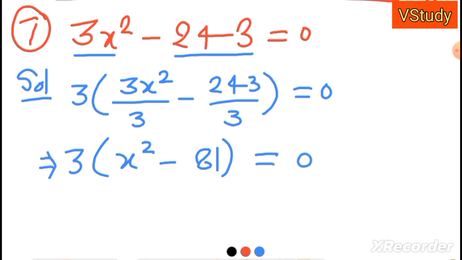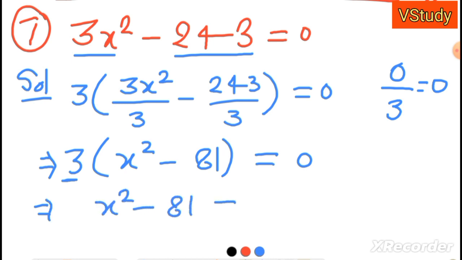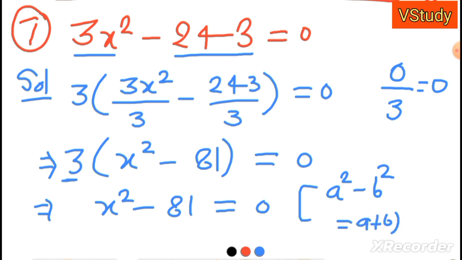Now when this 3 comes to the right hand side, it can be written like this, and the value of this is equal to 0. We know that if we divide 0 by any number, the result will be 0. So we have x square minus 81 is equal to 0. Now we can use the formula a square minus b square is equal to a plus b times a minus b.